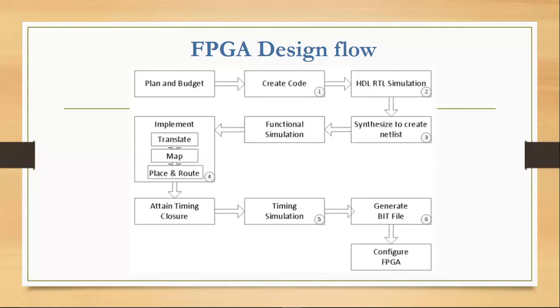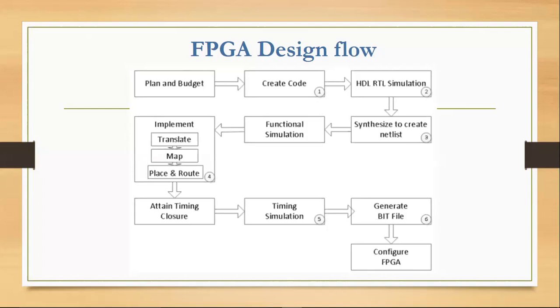After completion of the timing simulation, go to generate the bit file. To generate the bit stream file, we use generate bit file. This bit stream file is implemented on the FPGA. That is also called configuration of the FPGA. So this is about the FPGA design flow.